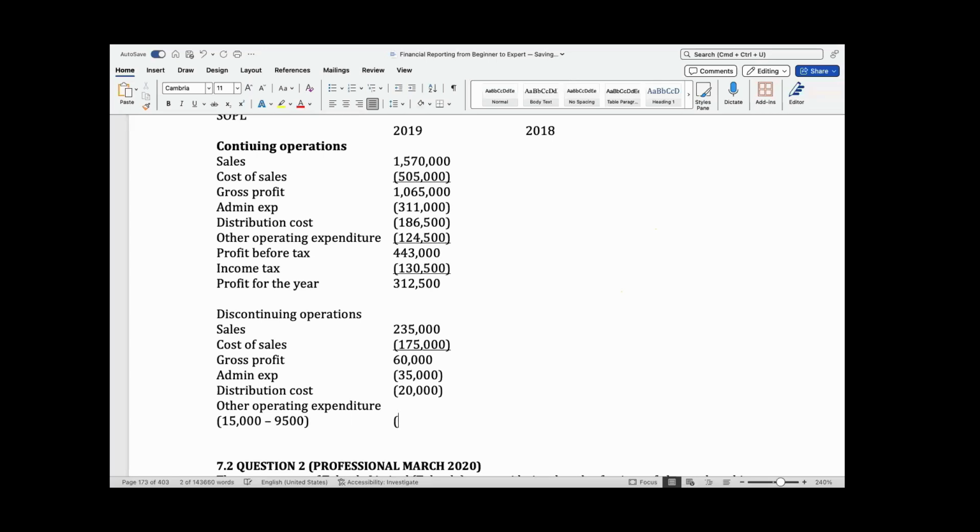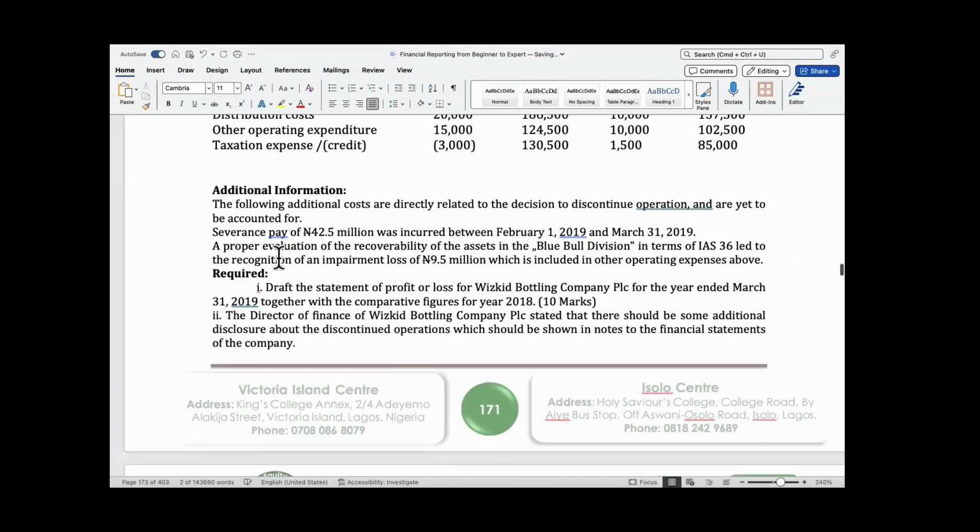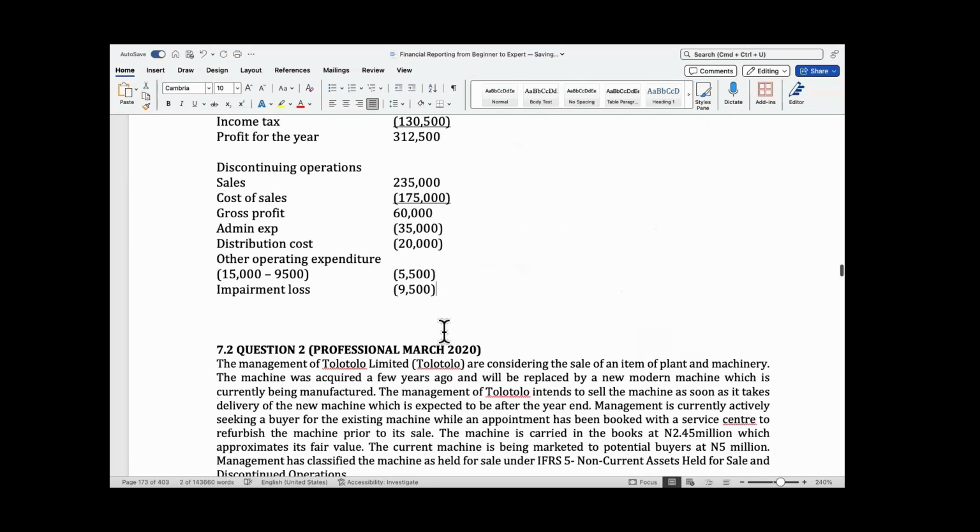So I'll be left with how much? 5,000. Yes, so I'll now come and present that impairment loss separately. If you still add these two, it still gives you 15,000. But the standard just wants you to present this impairment loss separately. And don't forget this severance pay of 42.5 million.